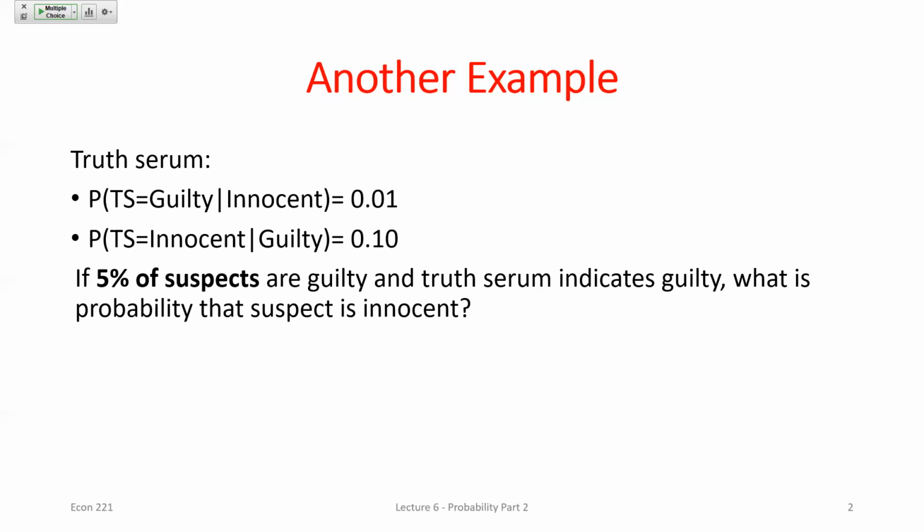Given that someone's innocent, the truth serum makes them say they're guilty with a probability of 0.01. Given that someone's innocent, the truth serum accurately makes them say they're innocent with a probability of, we're on the same branch, so these have to add up to 1 as well.